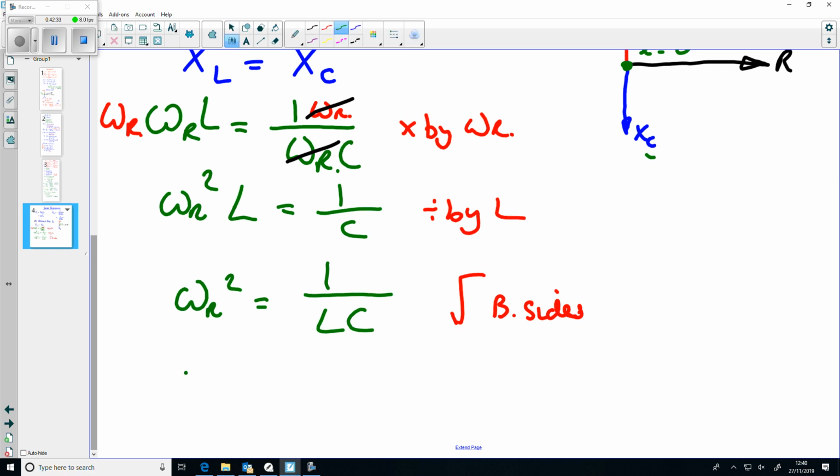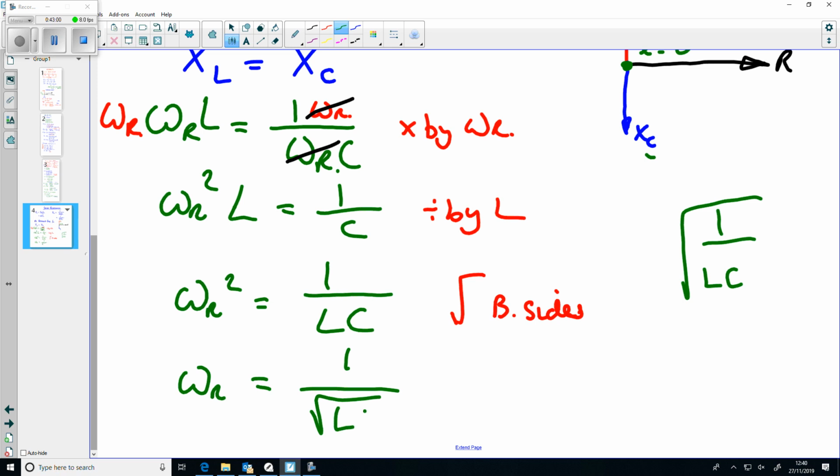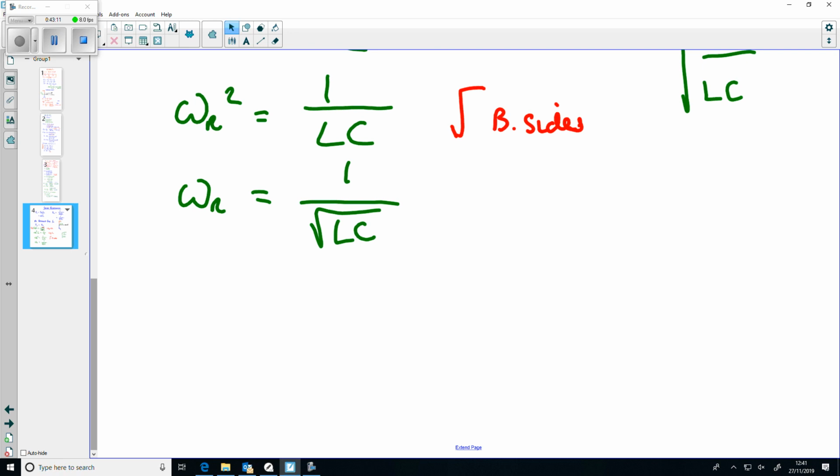So that gives us omega R is equal to, if we square root the whole thing, 1 over LC square rooted is the same as the square root of 1 over the square root of LC. So what you would normally do is write that like this, 1 over root LC. So that is the resonant frequency in omega form.